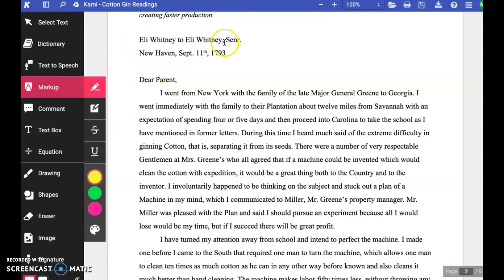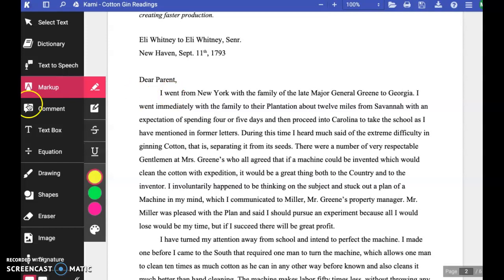So Eli Whitney again is writing to his father. He says, "Dear parents, I went from New York with the family of the late Major General Greene to Georgia. I went immediately with the family to their plantation, about 12 miles from Savannah, with an expectation of spending 4 or 5 days and then proceed into Carolina to take to the school, as I have mentioned in former letters."